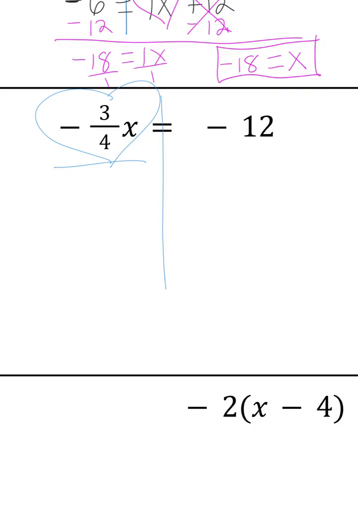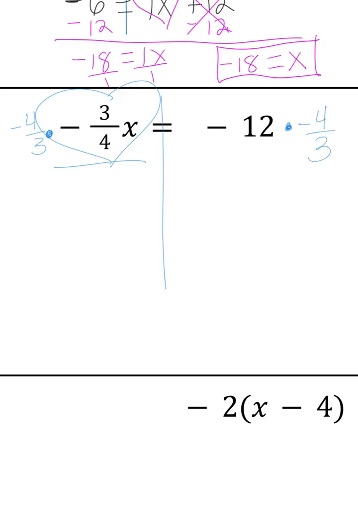So even though the -3/4 is touching the x, and that means multiplication, in order to get rid of it, you're going to multiply, which I understand is the same operation, but you know how we always do the opposite? When it comes to fractions, that opposite part or that inverse part comes with what we are multiplying by. We are going to flip that fraction upside down. That's the opposite part. So we're going to do that on both sides.